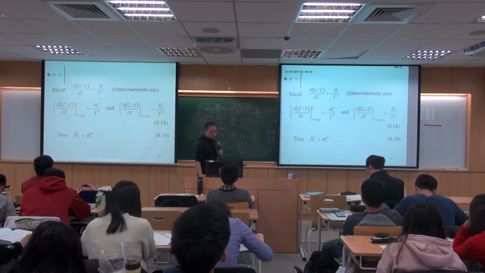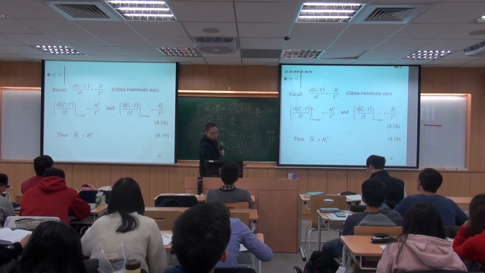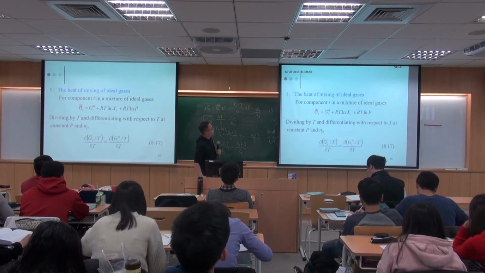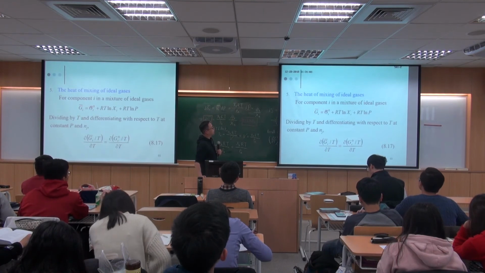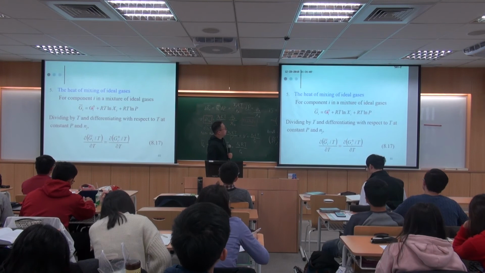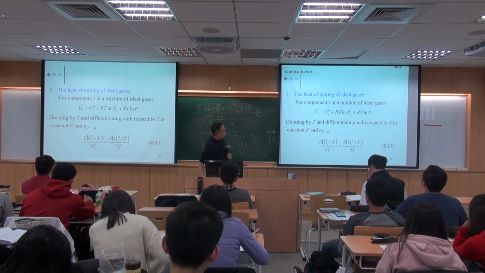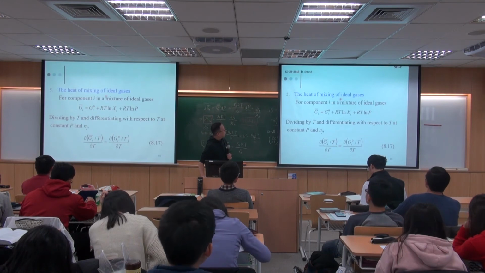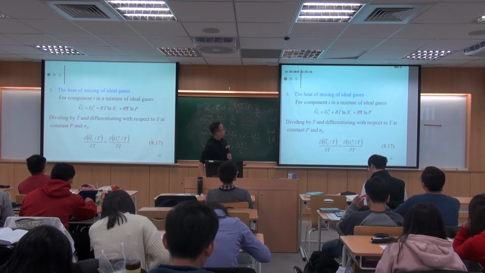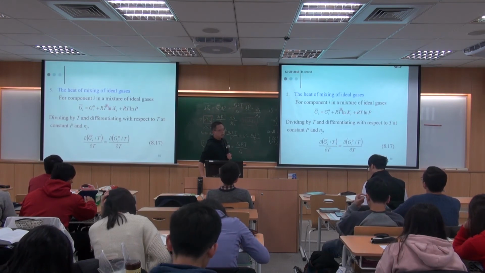Since right now we have two Gibbs free energies, we have Gi bar, which is the partial molar Gibbs free energy, and this is the standard state, Gi0, at 1 atm. If we do this differentiation, these two terms will be eliminated because these are not temperature dependent.